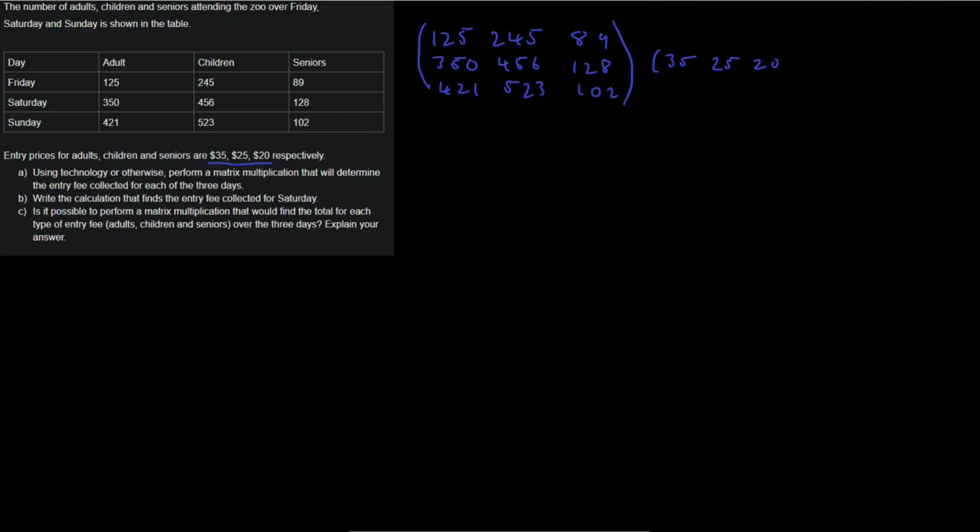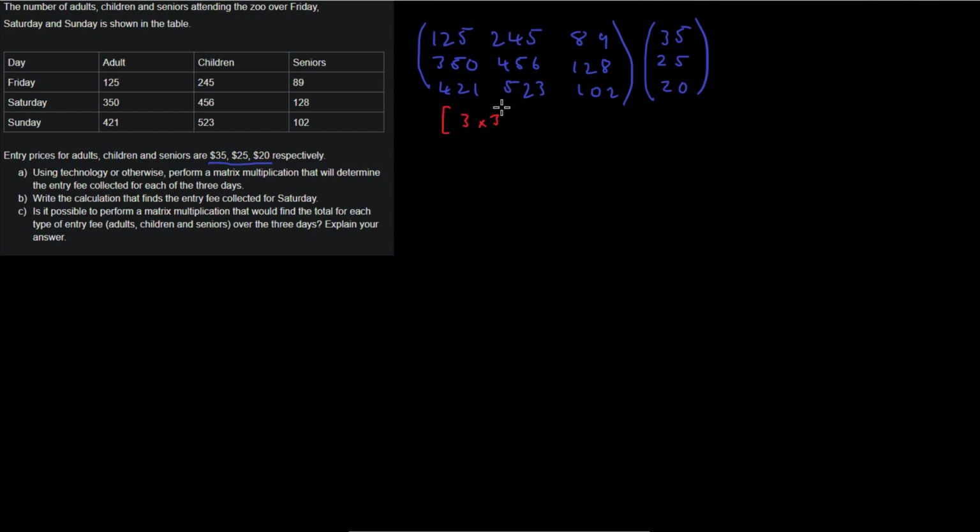And let's look at it slightly differently. So we've got the information, 35, 25, and 20, but it won't work if it's a horizontal matrix. Let's try a vertical matrix and see if that works. 35, 25, and 20. Alright, let's just check the dimensions really quickly.